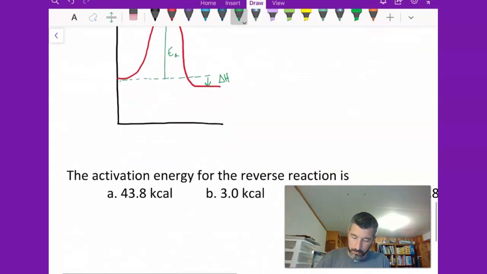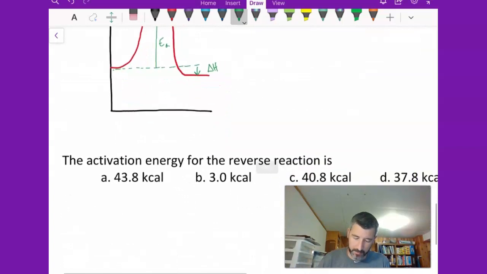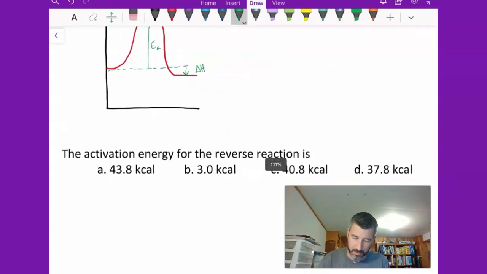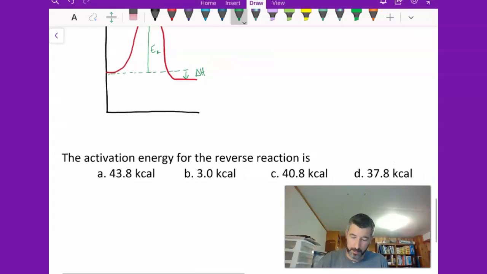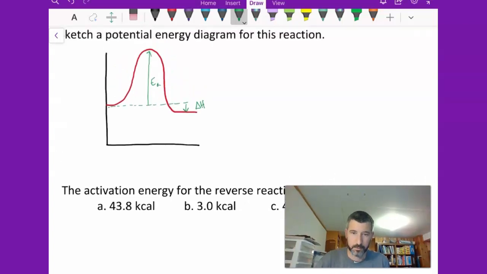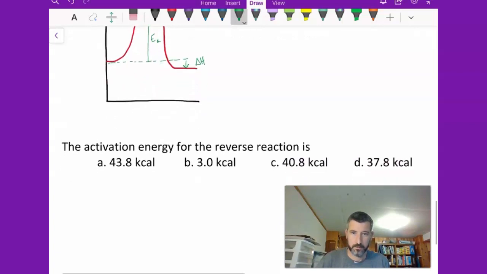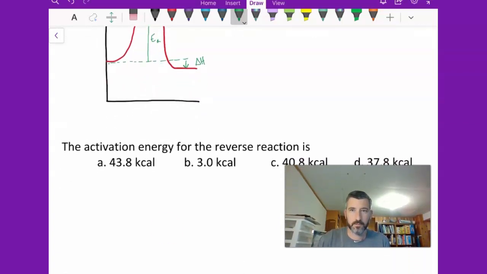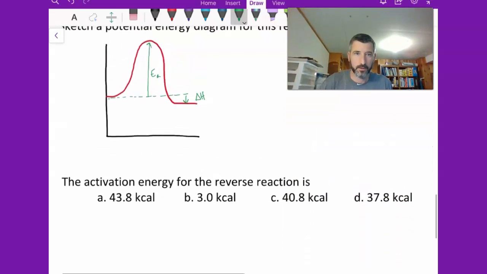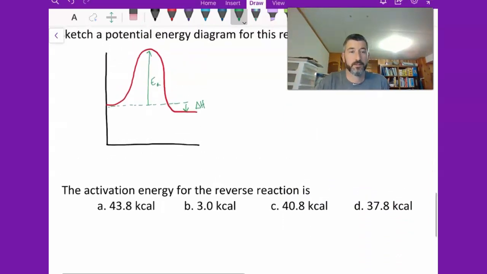Okay, one more question. It says the activation energy for the reverse reaction, what would that be? So taking a look at what we just drew, if that's a potential energy diagram, which one makes the most sense for the activation energy for the reverse reaction? Okay, so hopefully you said 43.8 kcal.